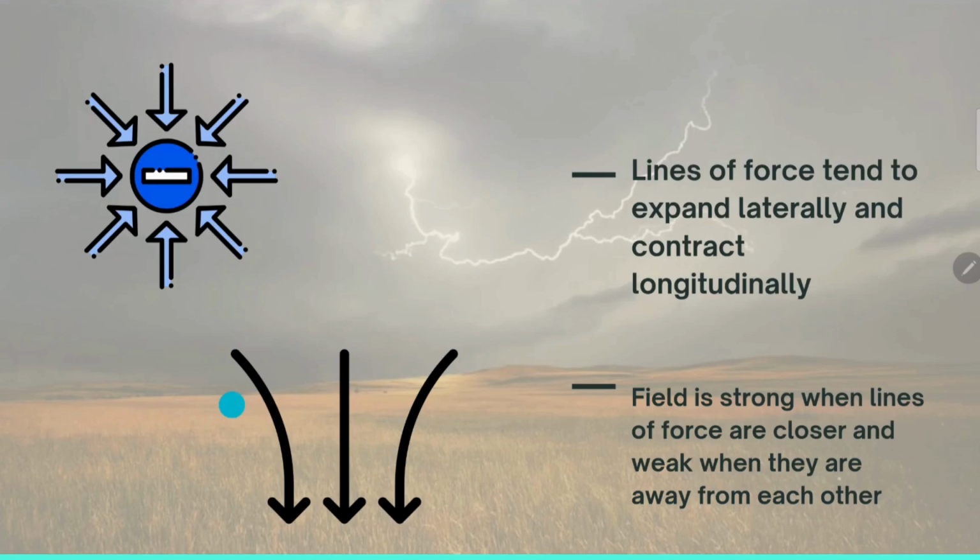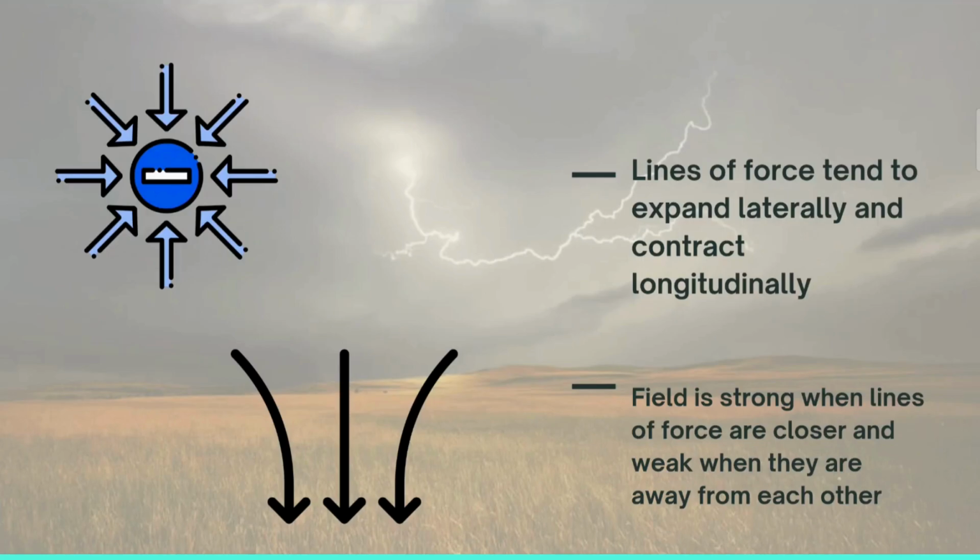At the starting we discussed two formulas, E is equal to 1 by 4 pi epsilon naught Q by R square, and E is equal to Fe by Q. Those magnitudes will be less when the electric field lines are away from each other. That's an indication. Where field lines are slightly closer to each other, the strength of electric field is greater at that point.